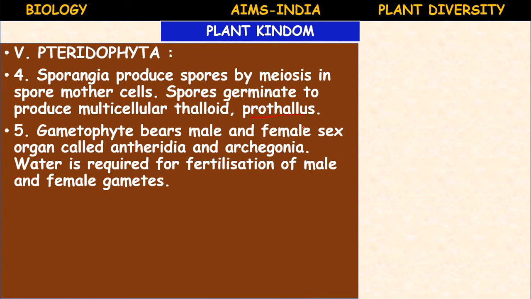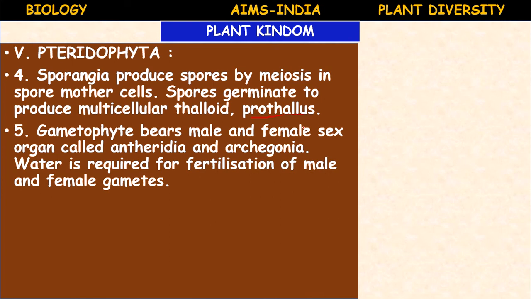Water is required for fertilization of male and female gametes. These gametophytes require cool, damp, shady places to grow. Because of the specific restricted requirement and the need for water for fertilization, the spread of living pteridophytes is limited and restricted to narrow geographical regions.